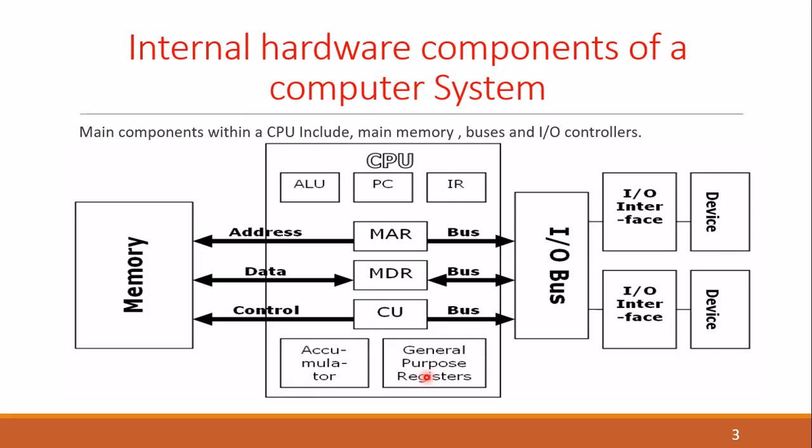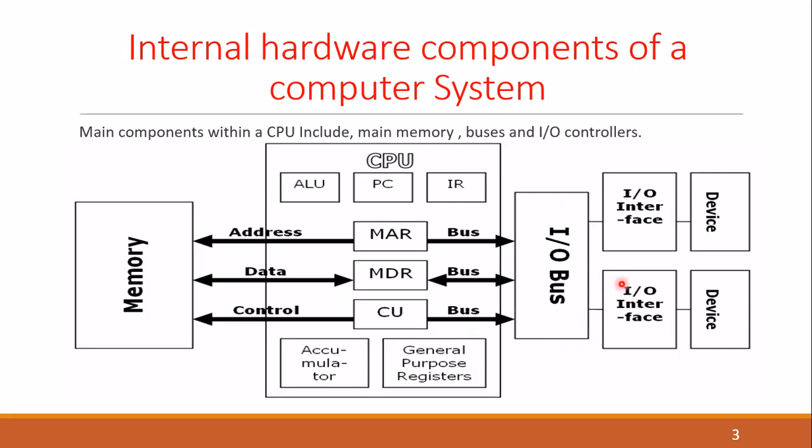The CPU performs its operations with the help of memory that we call main memory. How the CPU gets the instructions is called the input-output environment. These are the I/O buses. We give instructions to the CPU through I/O buses and input devices.